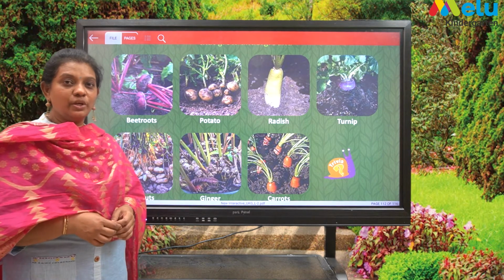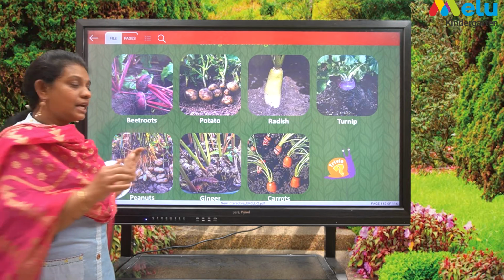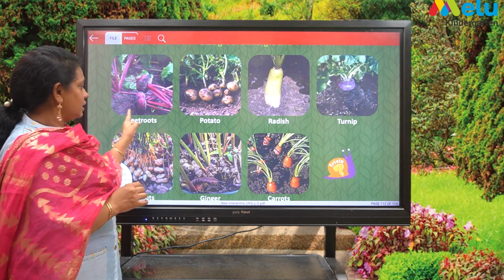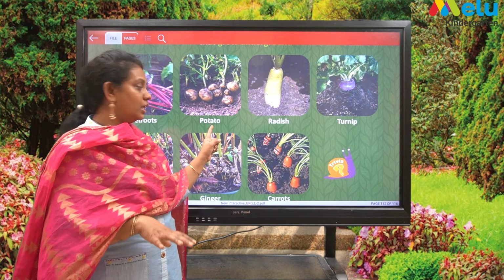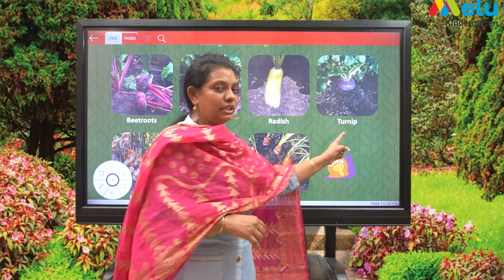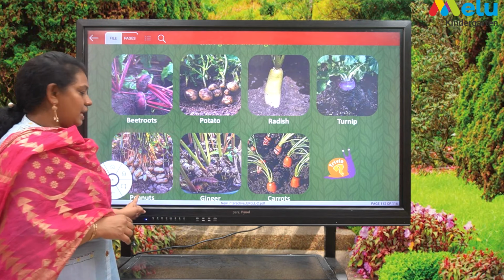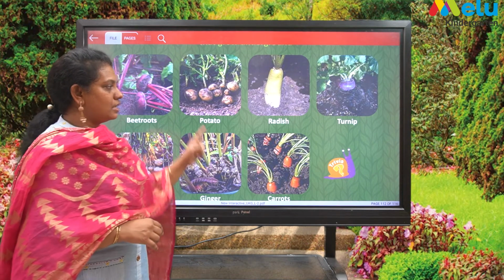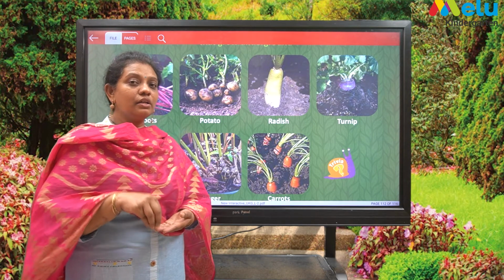You eat it also. This beetroot doesn't grow on the ground. It grows inside the ground. See here, inside the ground. And potato also same thing. In the ground it will grow. Likewise, radish, turnip, carrots, ginger and peanuts.